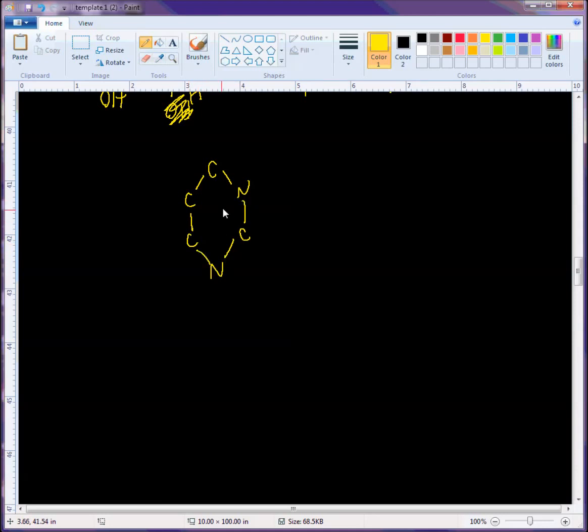So we have a little diamond shape here with the 2 nitrogens in the same spot as they were in the pyrimidine, and then we just have 2 nitrogens attached here, and then these are attached to a carbon. So that's the general structure, a 2-ring structure of a purine. We're going to have double bonds in the generic structure in all the same places we had them before, and we're going to have another one over here.